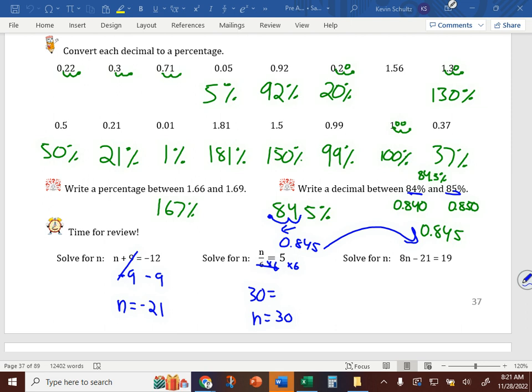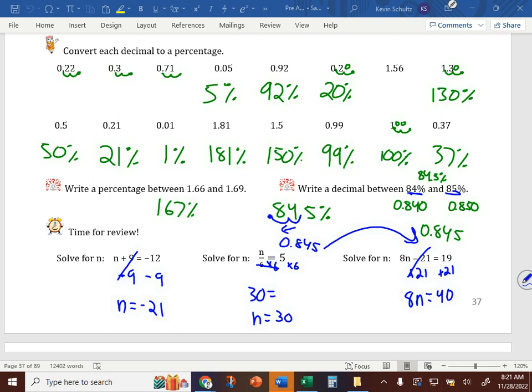And then a two-step equation. What'd you get for this one? 8 times what number minus 21 is 19? Josie, 40 as your value for n? You're close. When we add 21 to both sides to cancel that out, we get 8n equals 40. But that tells us what 8 n's is. We want to know what 1 n is.